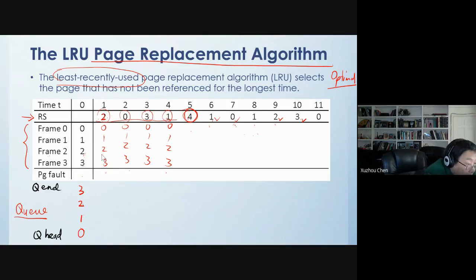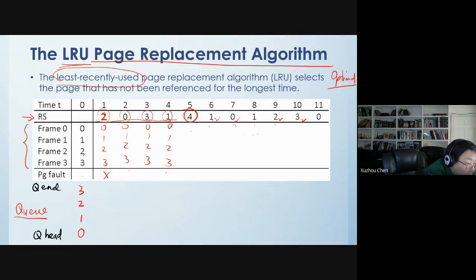Now, with the least recently used page replacement algorithm, every time a page is referenced, in this case page 2, we don't have a page fault, right? Because page 2 is in the memory.